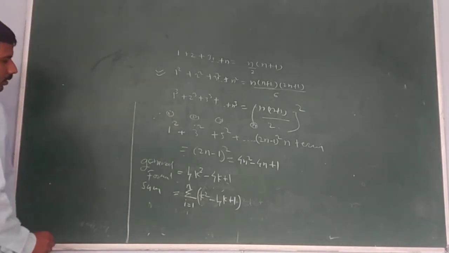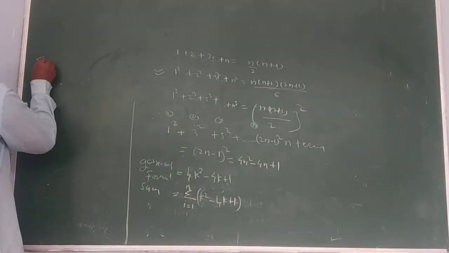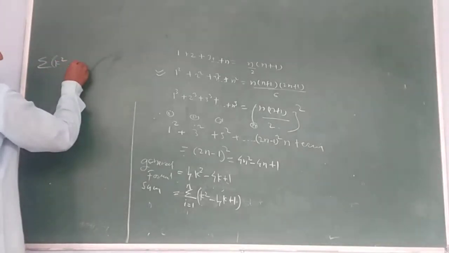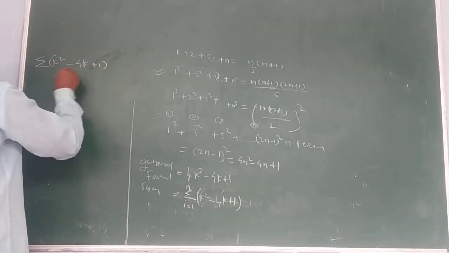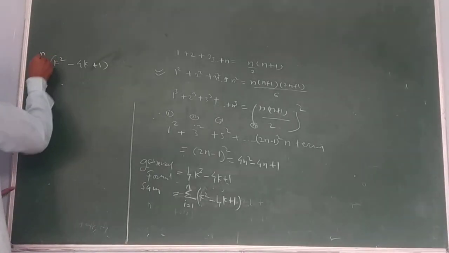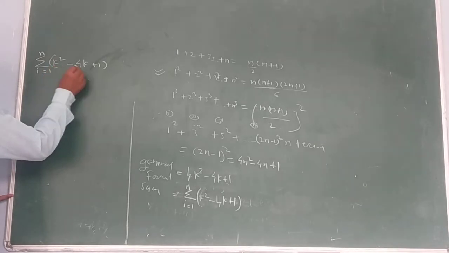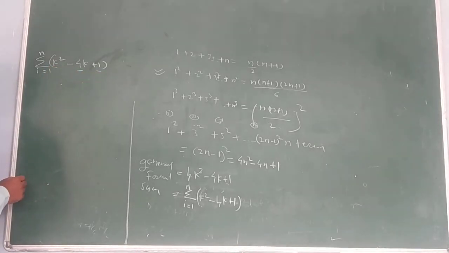So this is the general formula. Summation of 4k square minus 4k plus 1, from 1 to n. We have to make the summation of different parts.